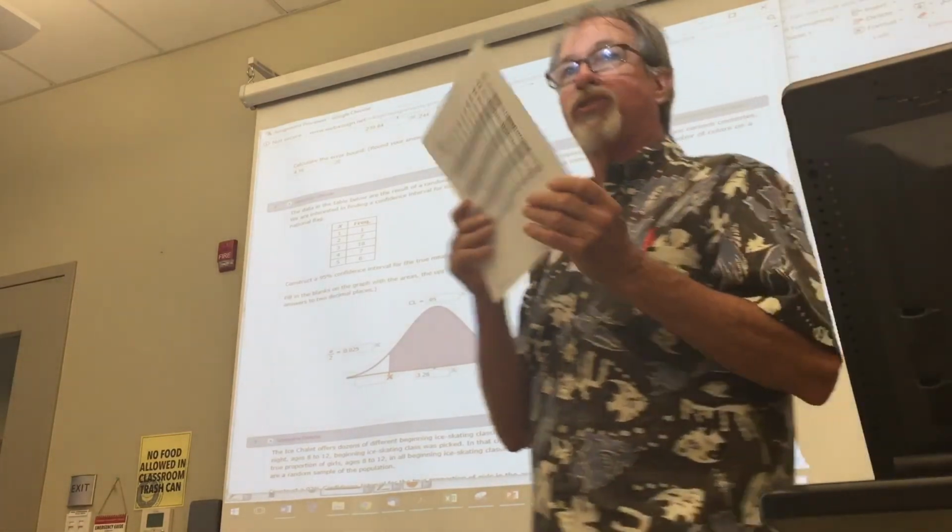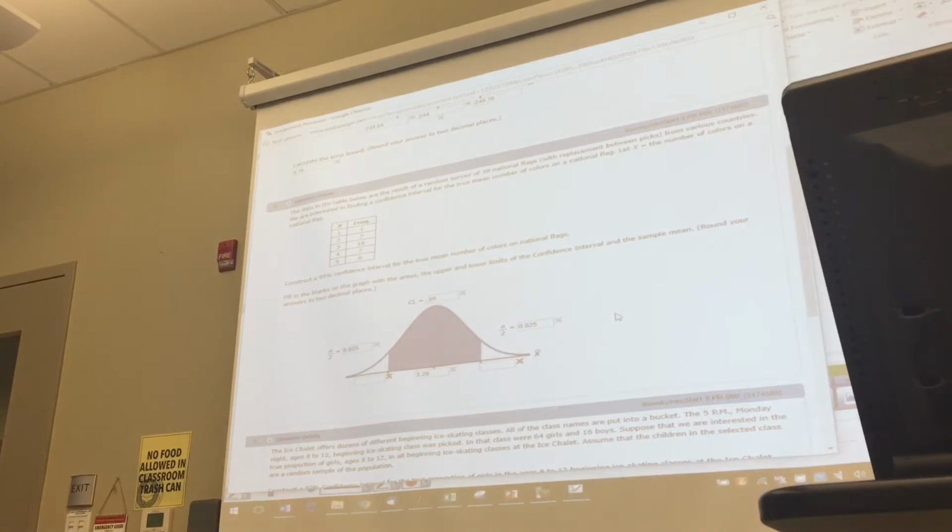If I don't have this row across the bottom that says confidence level, and a lot of tables don't have that row, then I have to look up here where it says t of 0.975, because that would be subtracting 0.025, which has the 0.025 right below it for what's in my tail. And then I would come down and find that I'm in the exact same column, giving me my 2.021.